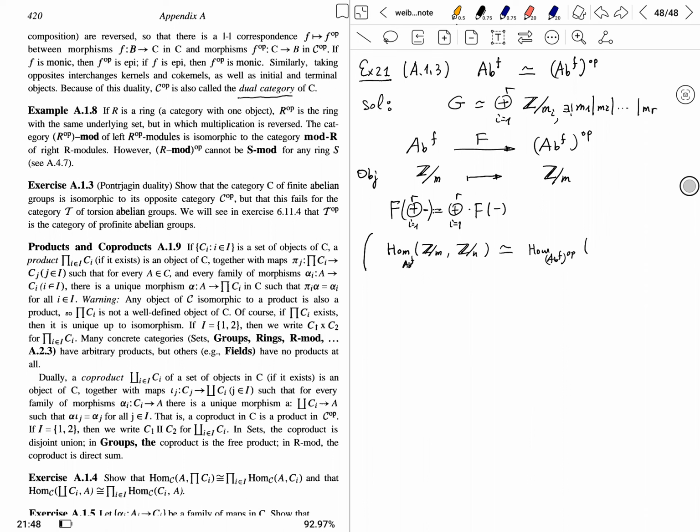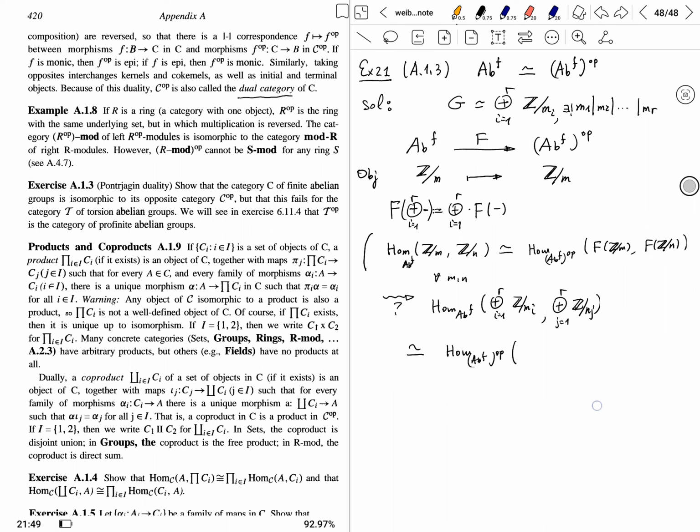Then does it imply that for the direct sum we still have the bijection by our definition of F?